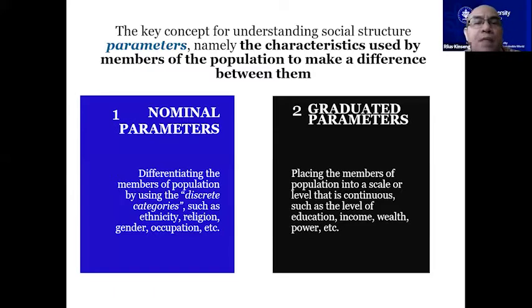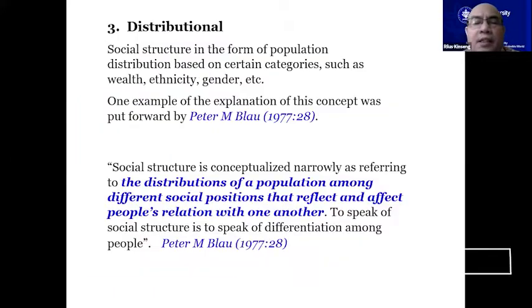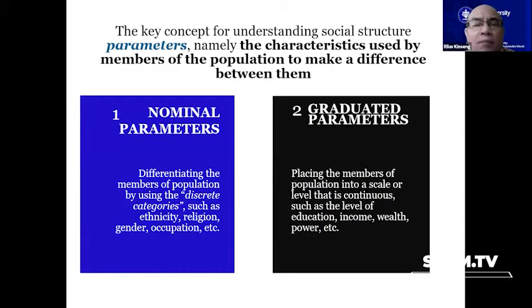In this type of social structure, there are two types of parameters that people usually use to distribute and categorize the population.